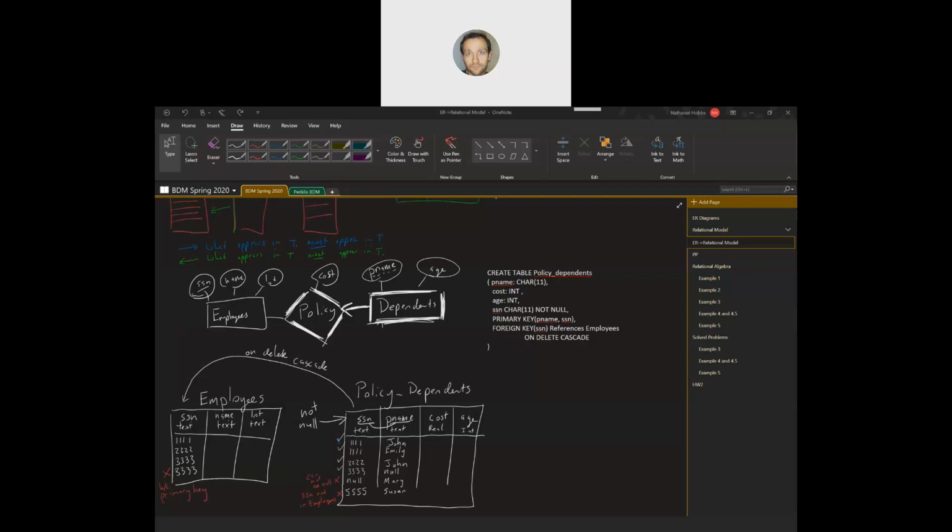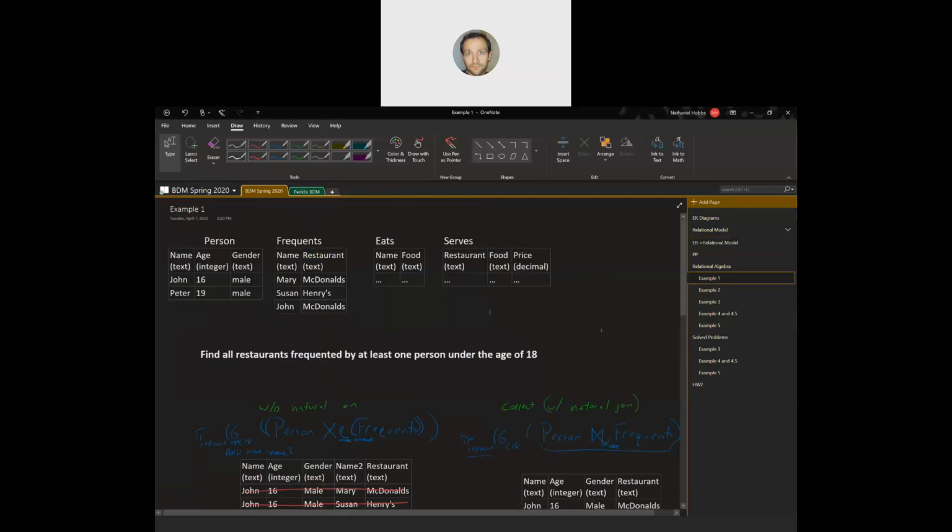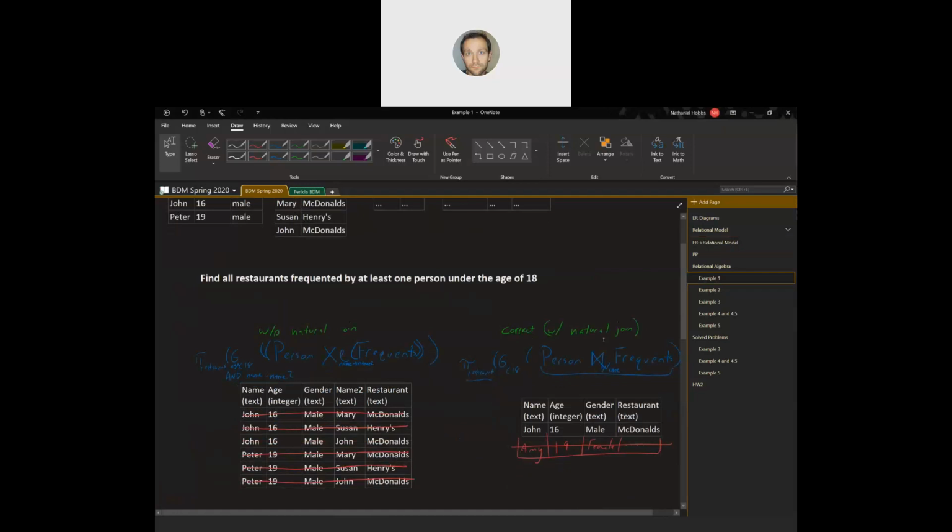Okay, so then let's keep going with relational algebra. I'll just jump straight into these examples, and first, do we have to know how to do the SQL for the test?